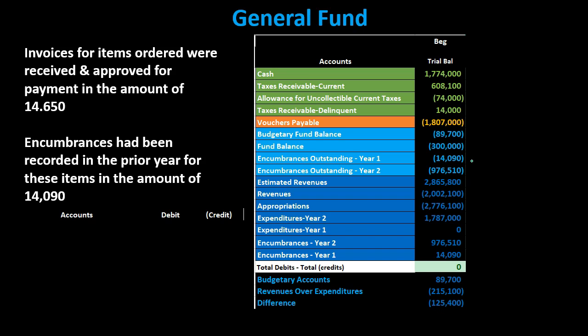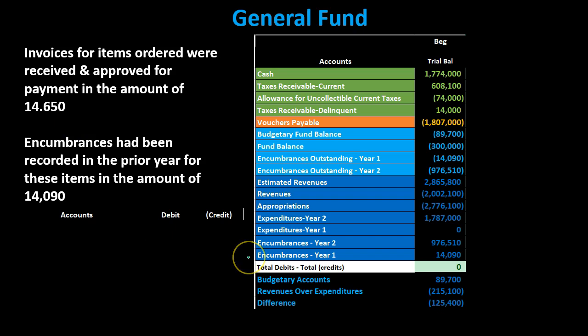So now we're saying that we've collected, or we're making the actual expense, we're paying them off or the expense has been triggered, or the expenditure in the current year. So now we're going to basically clear out the encumbrance for the prior year based on the estimated amount, and then we'll record the related expenditure based on the actual amount.